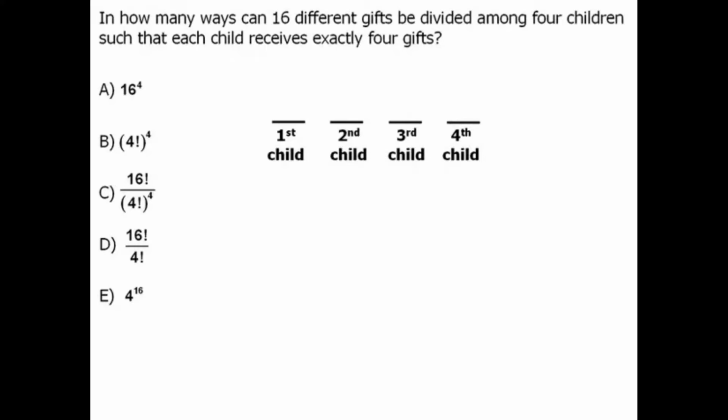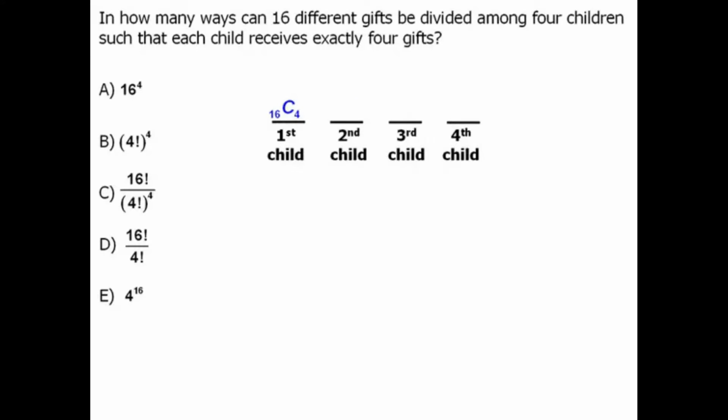Okay, so the first stage, we have 16 gifts, and of those 16 gifts, we want to choose 4 of them for the first child. The number of ways to accomplish this is 16 choose 4. Once we've given the first child 4 gifts, there are 12 gifts remaining. And of those 12, we choose 4 of them for the second child.